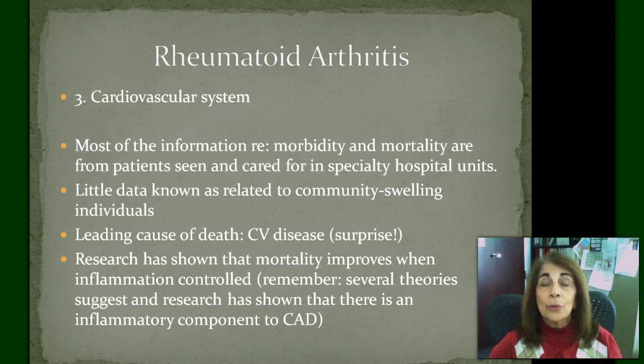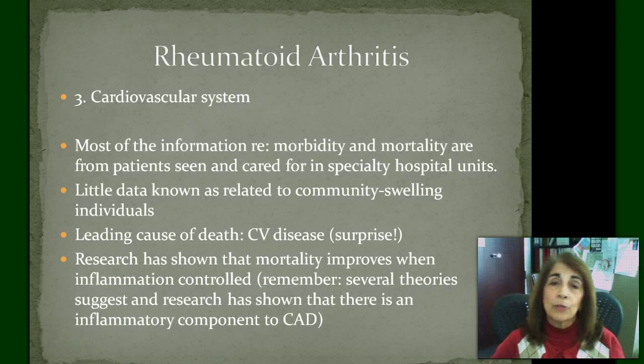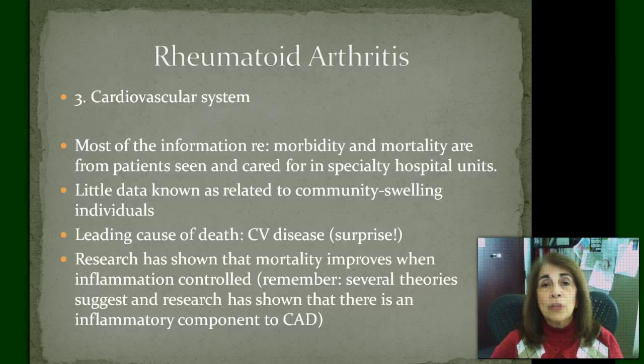I'm sure you're wondering why this is, and if you think about the explanatory features, I think it will make sense. Most of the information regarding morbidity and mortality have come from patients who are being cared for in specialty units in hospitals. We don't have much information longitudinally about those individuals just out in the community, living with their disease, working, just carrying on their normal lives.